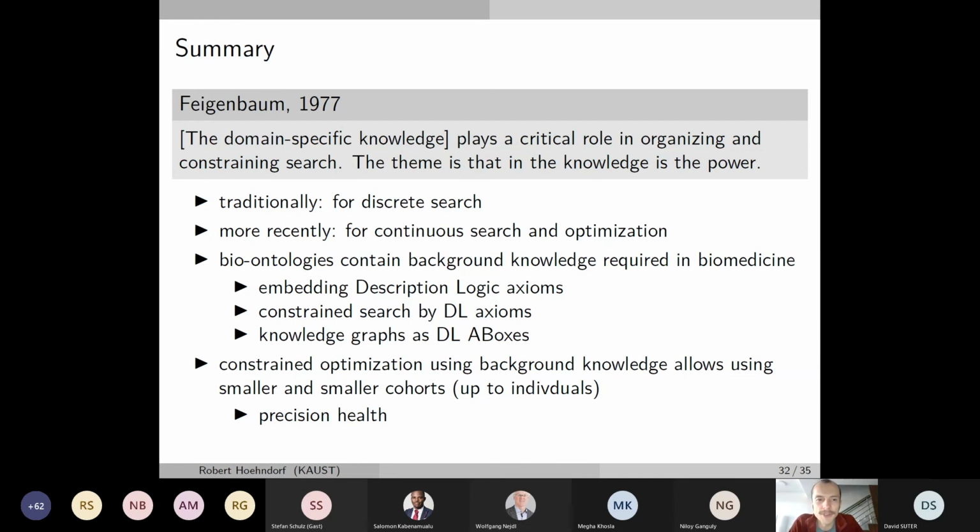With bio-ontologies, I explicitly include knowledge graphs, or most of the knowledge graphs, because I treat them as description logic A-boxes. And constrained optimization using a large amount of relevant background knowledge allows us to go in our analysis to smaller and smaller cohorts, all the way up to single individuals, because the background knowledge constrains our search, and therefore it allows us to move closer to precision health.